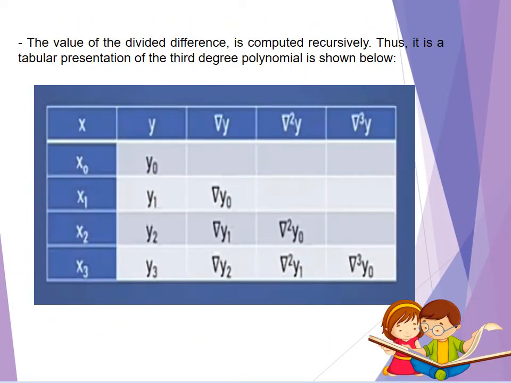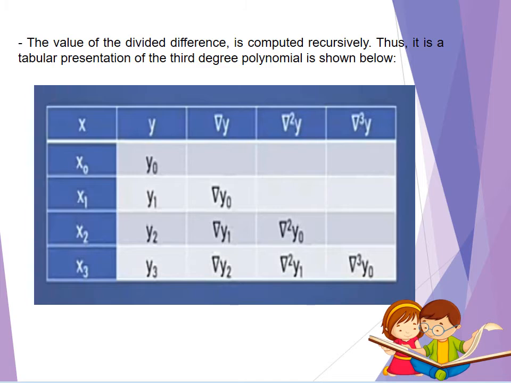The value of divided difference inverted delta m y sub i.